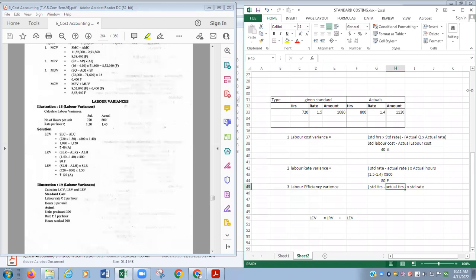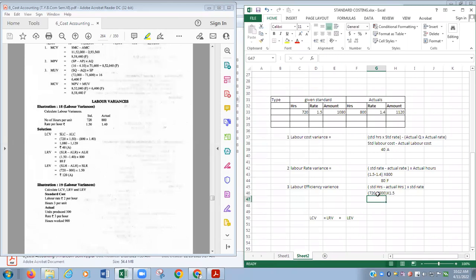Then labor efficiency variance. Here I'll compare standard hours and actual hours. My standard hours were 720, minus actual hours 800, into standard rate, that is 1.5.